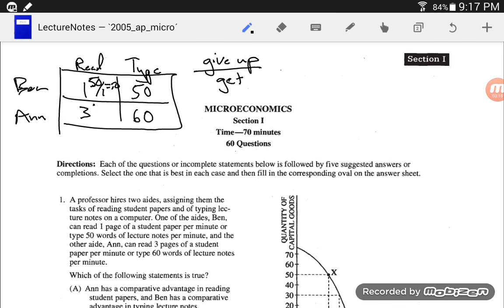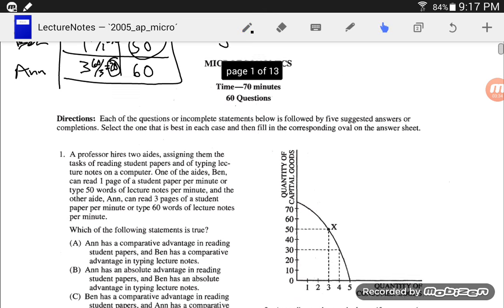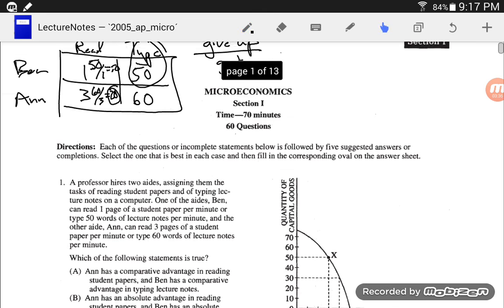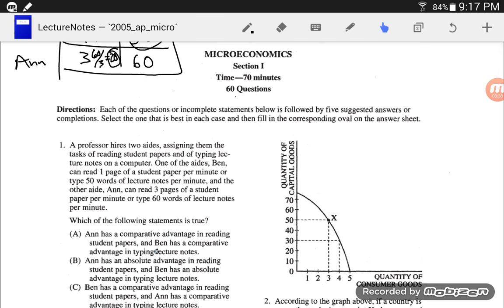Anne's opportunity cost would be 60 divided by 3, which equals 20. So Anne has the comparative advantage in reading, and of course that means Ben has the comparative advantage in typing. Now let's look at our answer choices. Anne has a comparative advantage in reading, yes, and Ben has a comparative advantage in typing. Correct. Moving on.